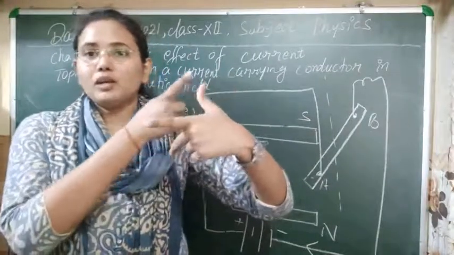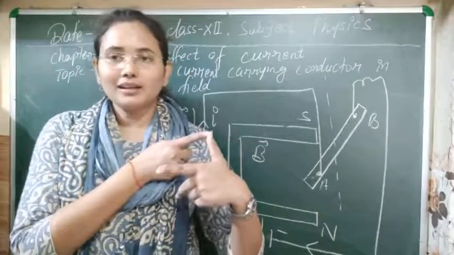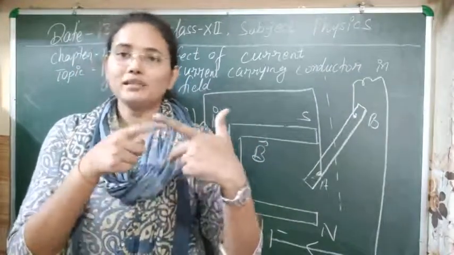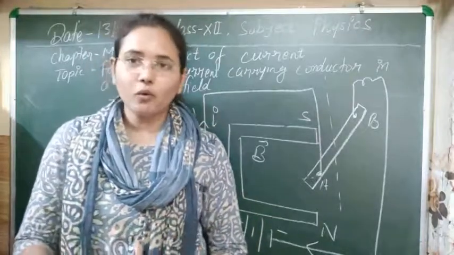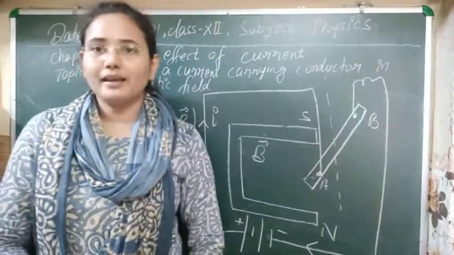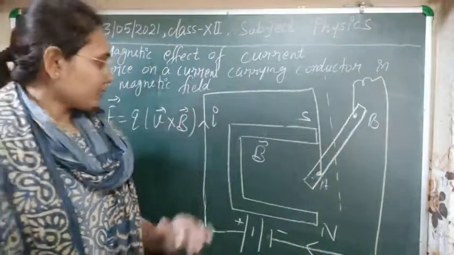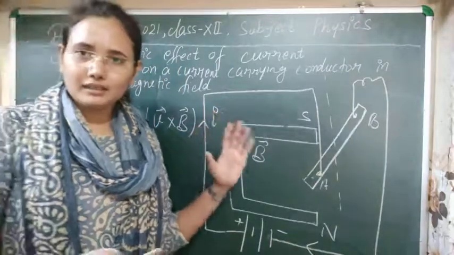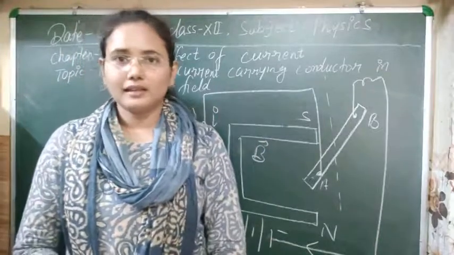This means the deflection of the conductor will be perpendicular to these two. So let's see what the value of the force experienced by the current carrying conductor is when we put it into a magnetic field. I think the cause behind the deflection in a current carrying conductor is now clear.